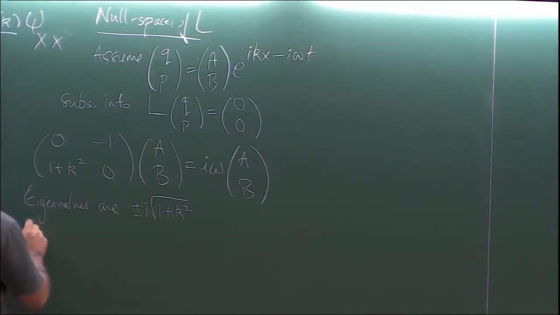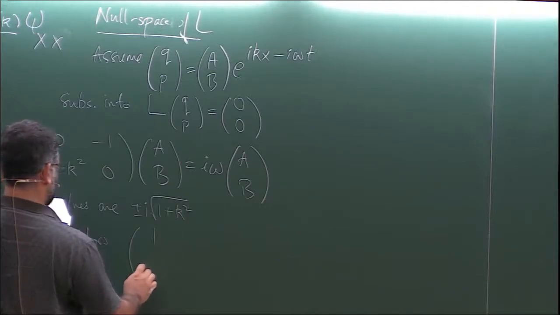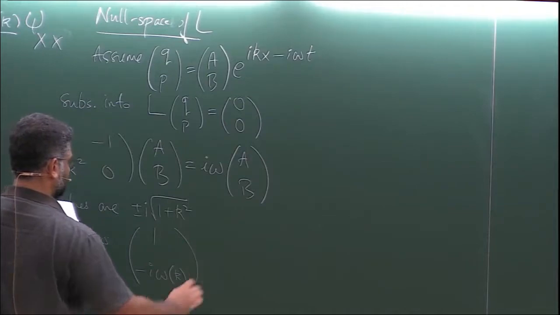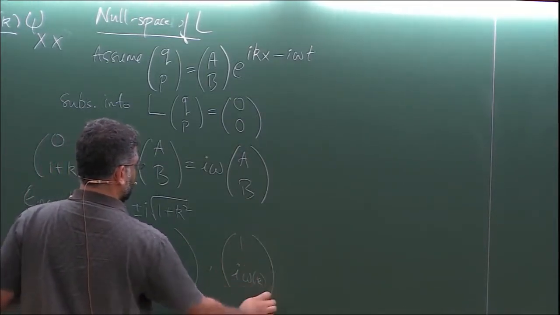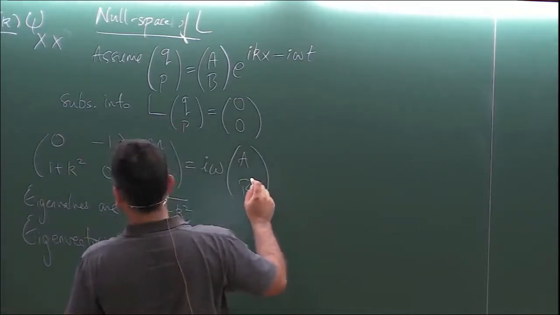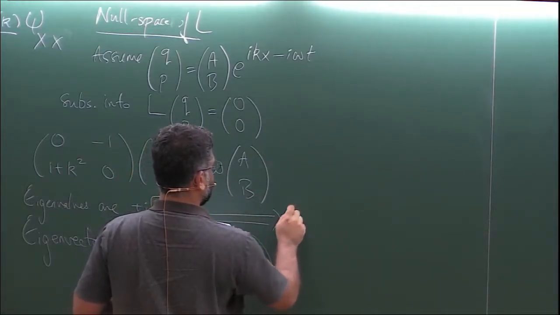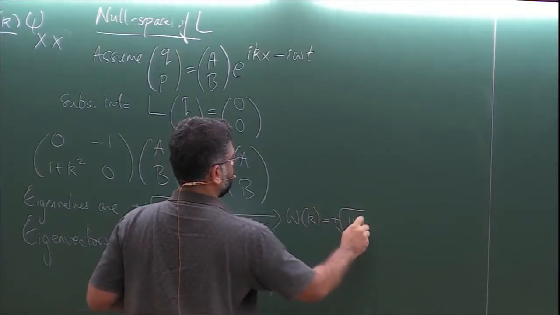And the associated eigenvectors are 1, minus i omega of k, and 1, i omega of k, where I'm making the choice now, so I'll define, let's just do this here, omega of k is the positive root.